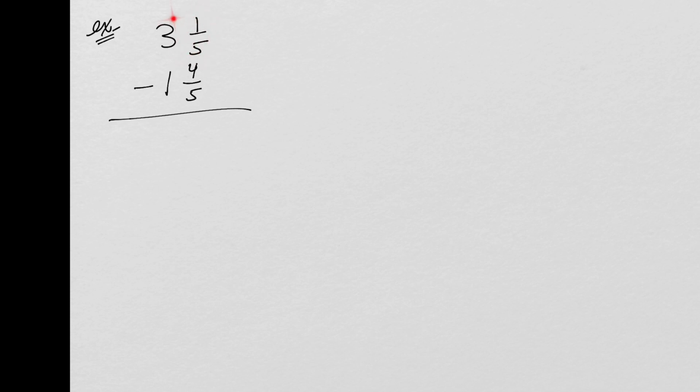What you do is you borrow from the 3 here, right? You decompose this. You rewrite it. So think of it this way. 3 1/5 is equal, right, to, if I borrow 1 from the 3, I could write this as 2 plus 1 1/5.